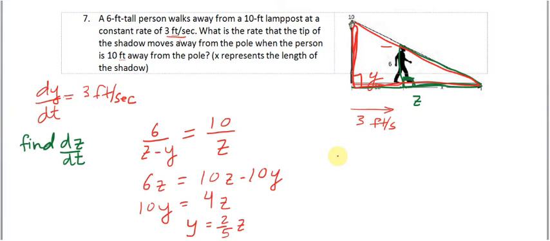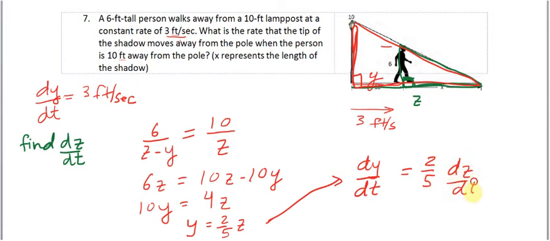We can do some taking of the derivative. So let's take the derivative of this function. Let's continue it over here. We get that dy/dt is equal to 2/5 dz/dt. dy/dt we know is always 3. So 3 is equal to 2/5 dz/dt.